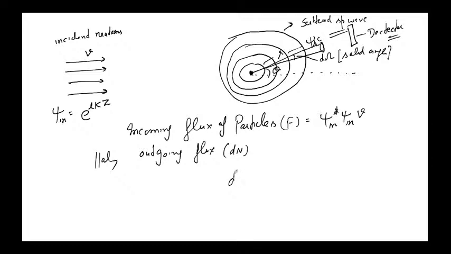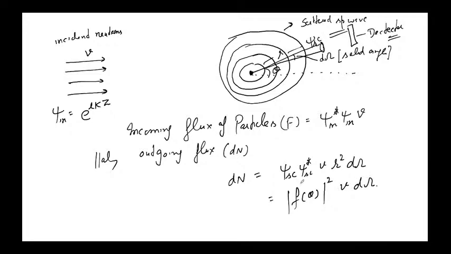So the total number of scattered particles is equal to the scattered flux multiplied by the cutout area, that is r squared d omega. So this we can write as |f(theta)|^2 v d omega.